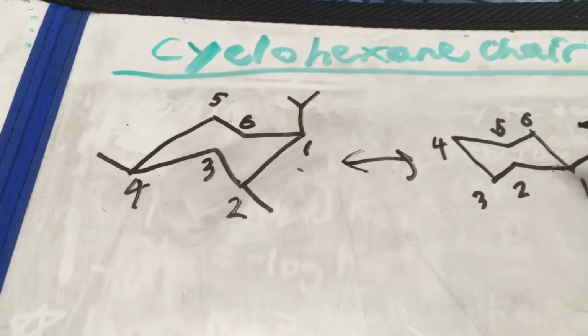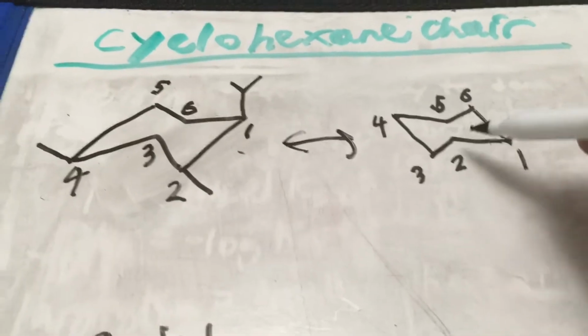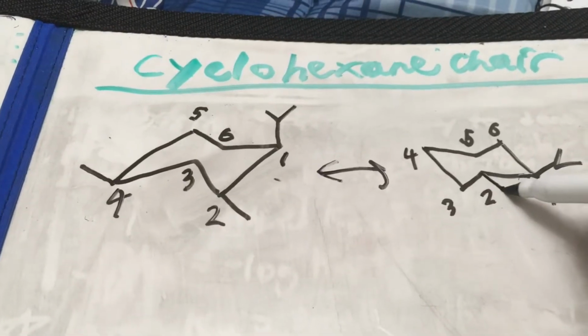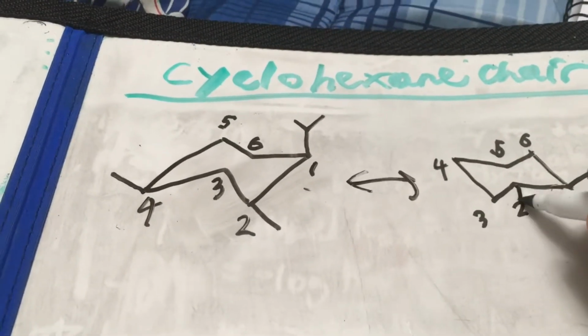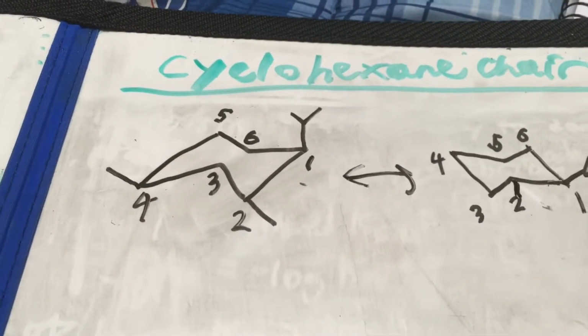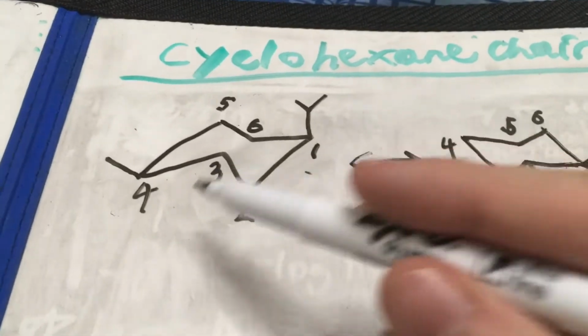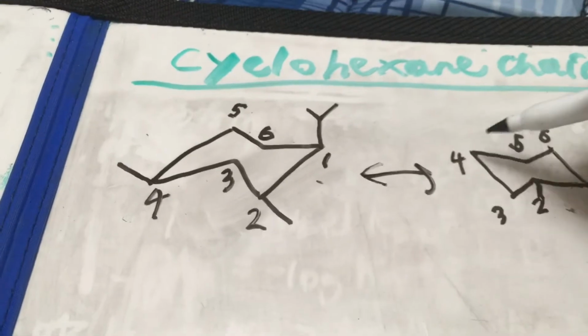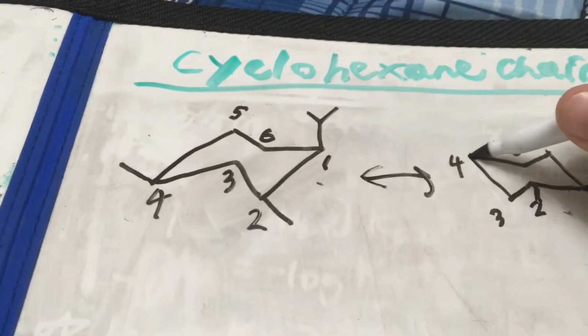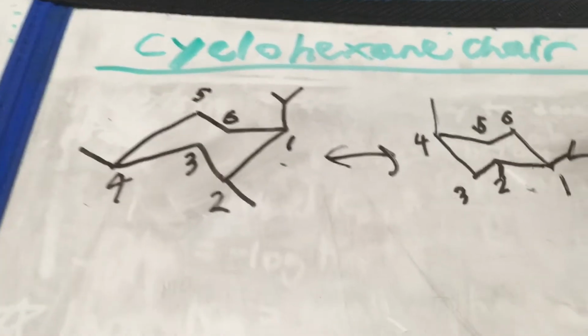So the one on 2 is equatorial down. We want to make it parallel to this one. Equatorial, no, sorry. Now it's going to be axial down. It's just down like that. And this one on number 4 is going to be axial up. Since it was equatorial up, now it's just going to be axial up.